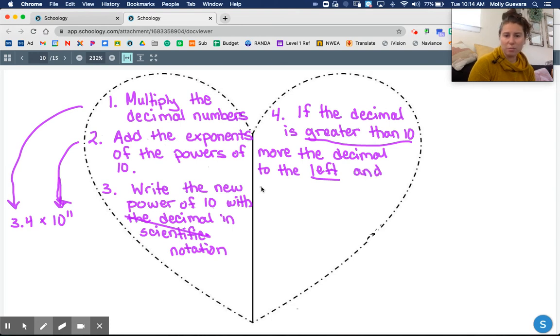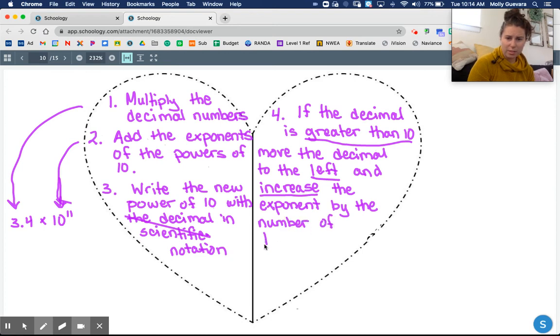And then because you've moved it to the left, you'll have to increase the exponent by the number of decimal places moved.